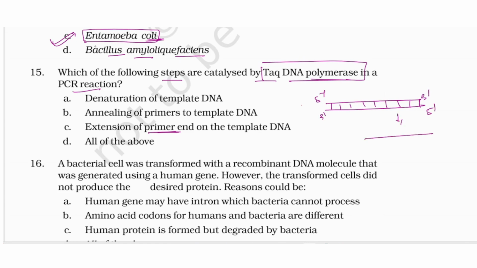So we have given the high temperature, we have separated these two fragments from each other. Then we added the primer here in this part, and here also the primer, and then again we have started by using the Taq polymerase to extend the strand in the opposite ends, right?